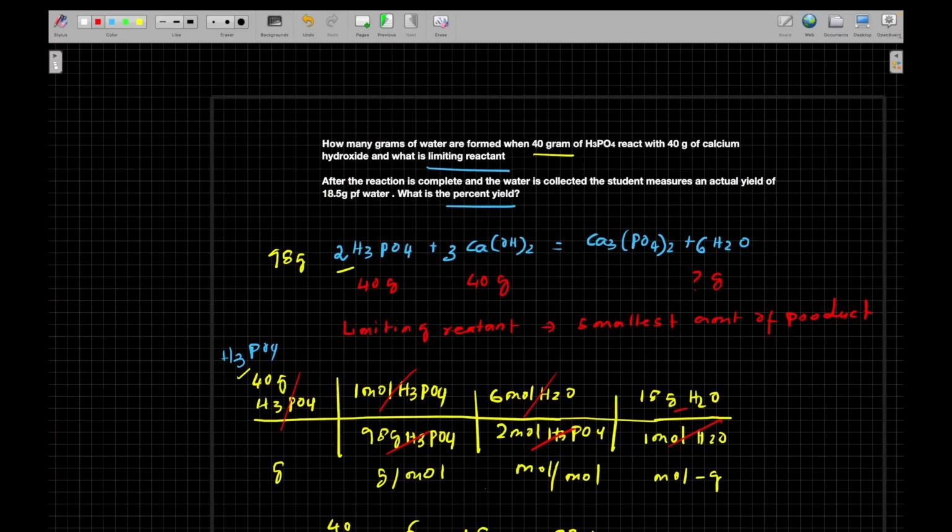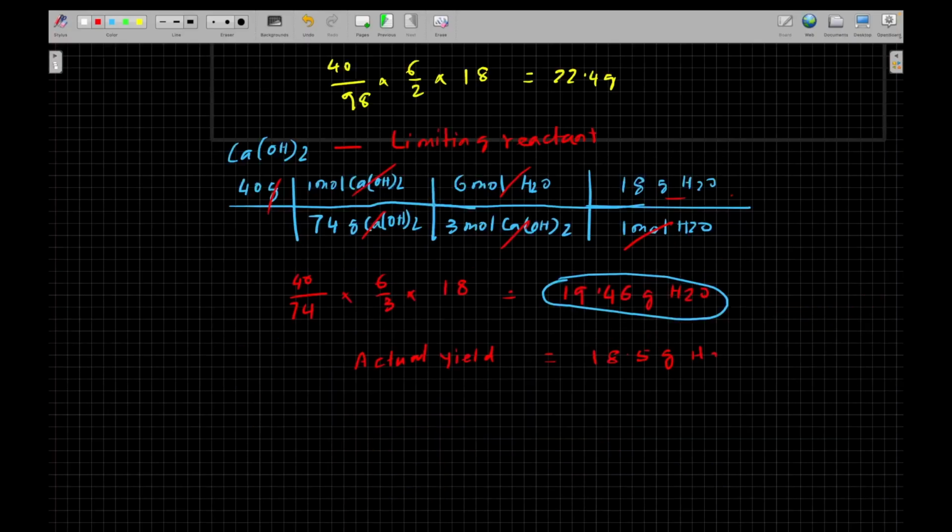Now, come to the second part of this question, which asks what is the percent yield. The actual yield of water in this reaction is 18.5 gram, but theoretically or ideally it should produce 19.46 gram.